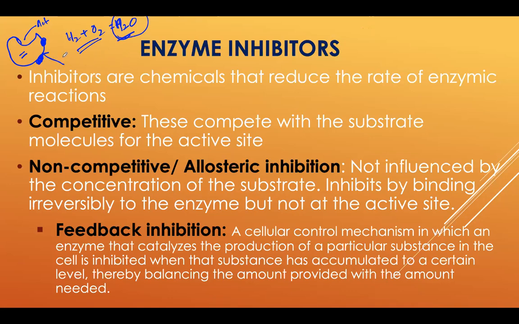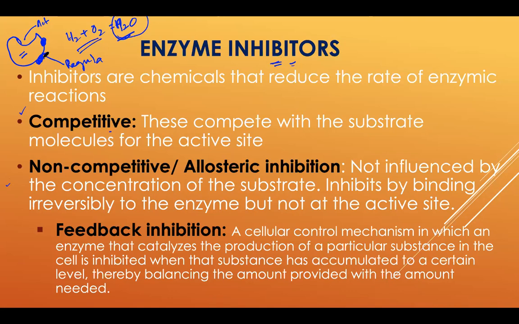So in that case, what happens? One of the regulatory molecules of the enzyme are called inhibitors, which control the function of the enzyme. They are the enzyme inhibitors. Now, there are two different types of enzyme inhibitors: competitive and non-competitive inhibitors. In case of competitive inhibitors, they are regulatory molecules that are supposed to sit over here.